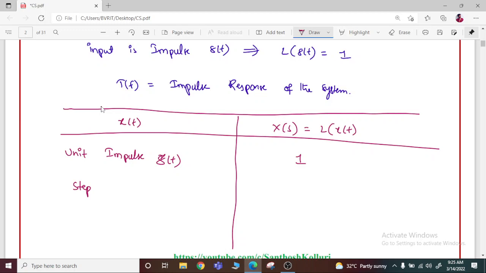If the input is step signal u of t, then the Laplace transform of the step signal is 1 by s. If the input is ramp signal represented with r of t, which is nothing but t into u of t, then the Laplace transform is 1 by s square.